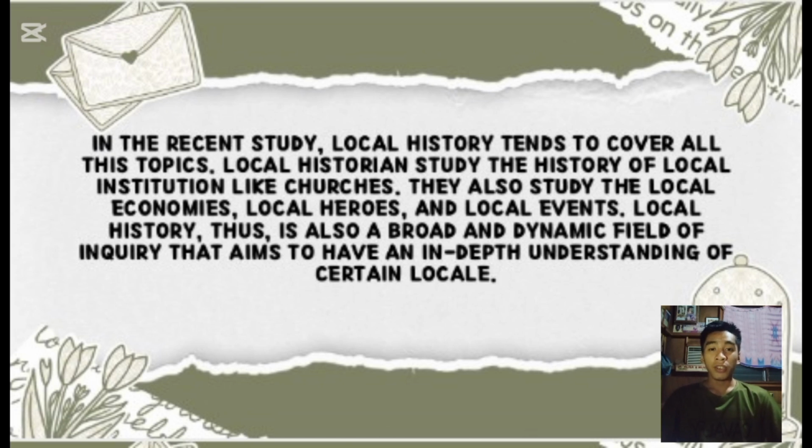Local history, thus, is a broad and dynamic field of inquiry that aims to have an in-depth understanding of a certain locale. So the explanation of this section shows that local history is not limited to one aspect, but includes multiple dimensions of community life, allowing for a comprehensive understanding of local identity and development.